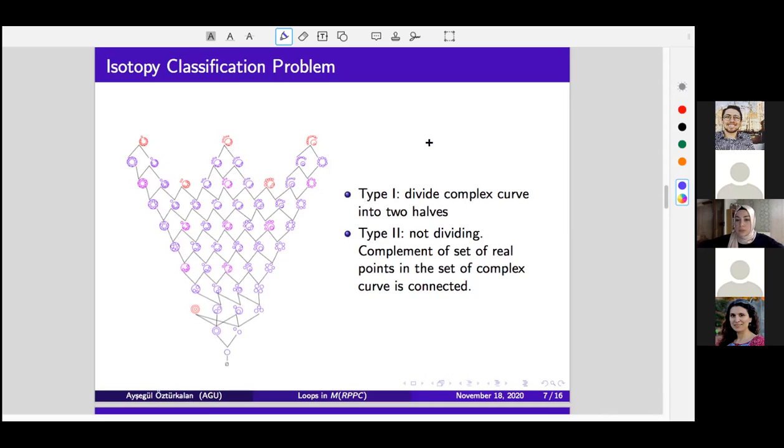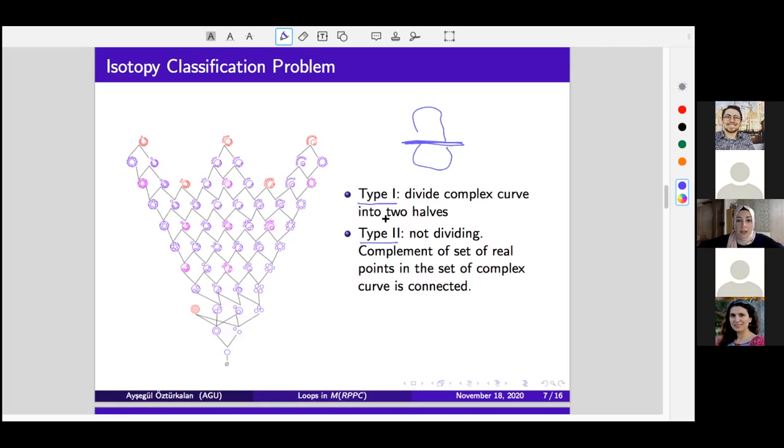We just deal with the real part of it, but type 1 curves are these: whenever we take out the real part, it becomes 2 halves, not connected. However, type 2 curves are not dividing. Whenever we take out this real part, it is still connected on the other side.